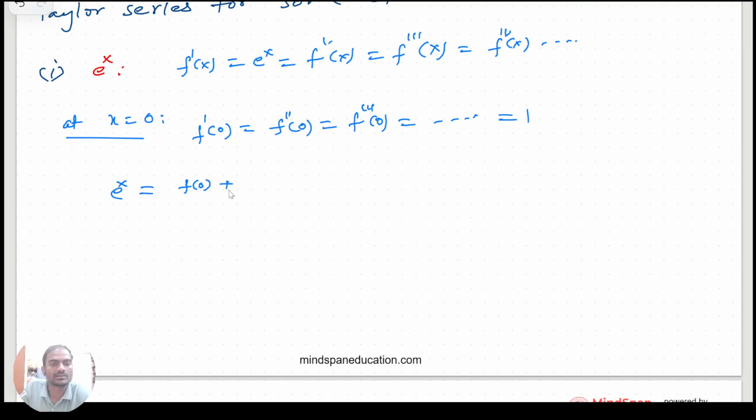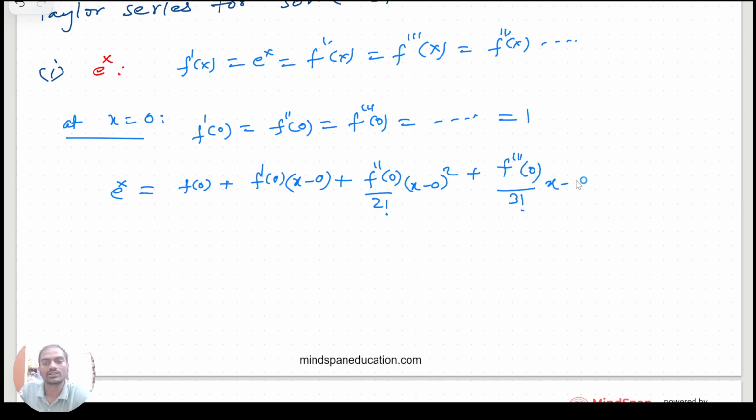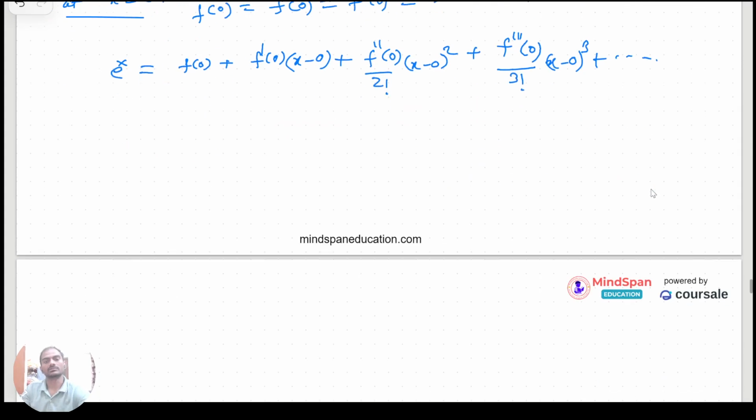f0. We are expanding this around x equal to 0. So f dash 0 into x minus 0 plus f double dash 0 by factorial 2 into x minus 0 raised to power 2 plus f triple dash 0 by factorial 3 into x minus 0 raised to power 3 plus other terms.